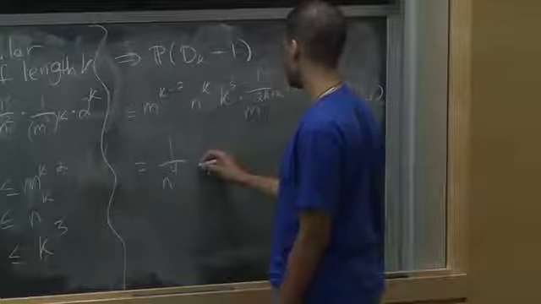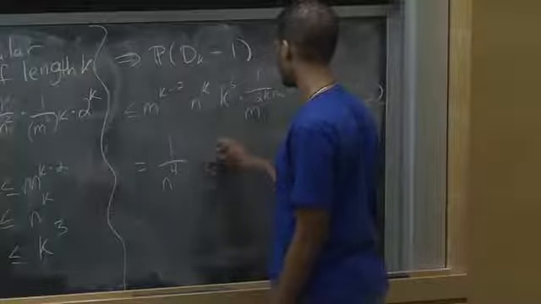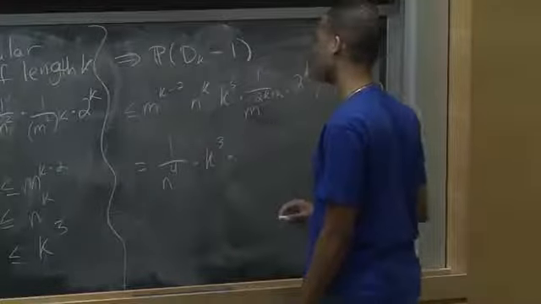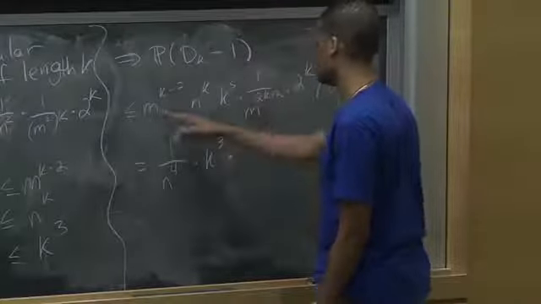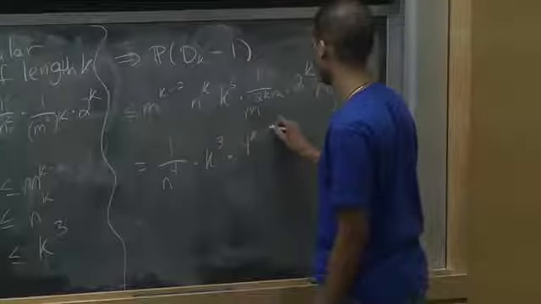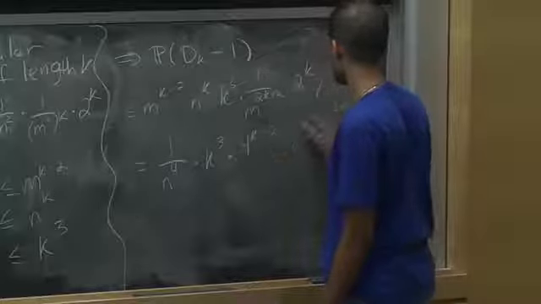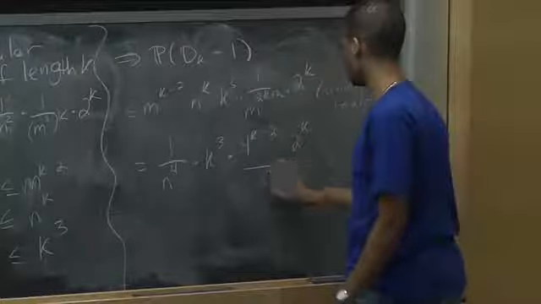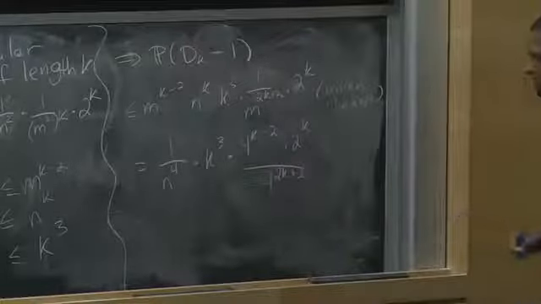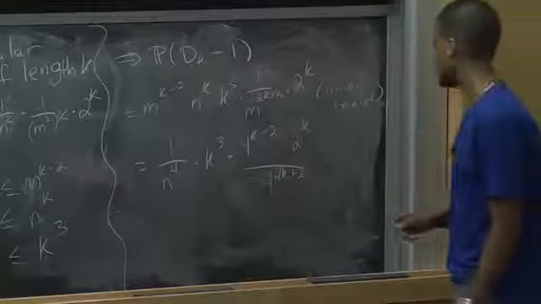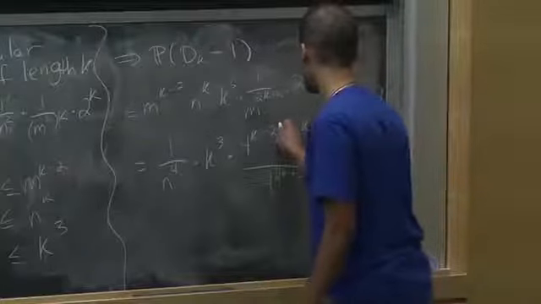And then we have times k cubed times. So that's 4 to the k minus 2 times 2 to the k over what's left here is 4 to the 2k plus 2. That goes away.